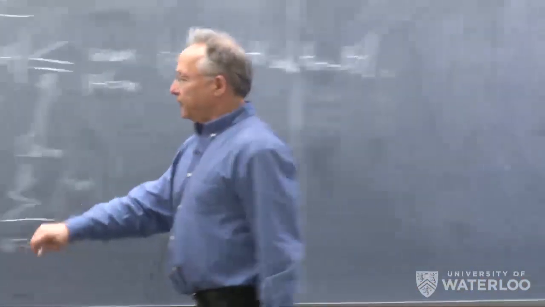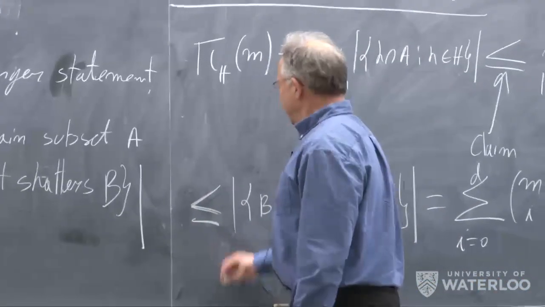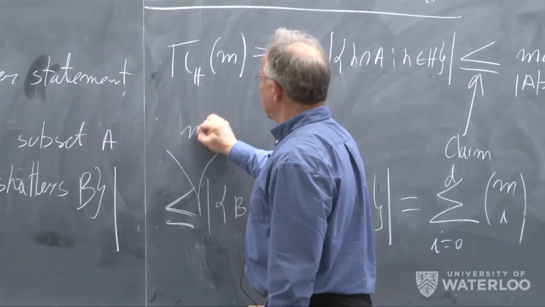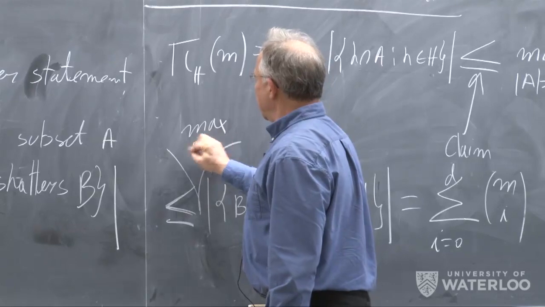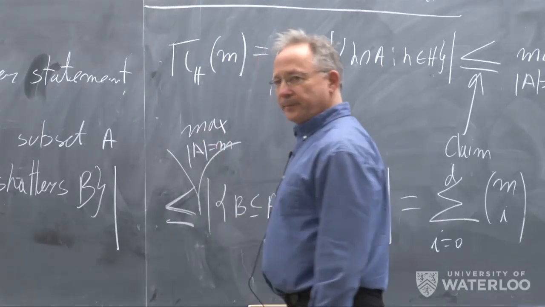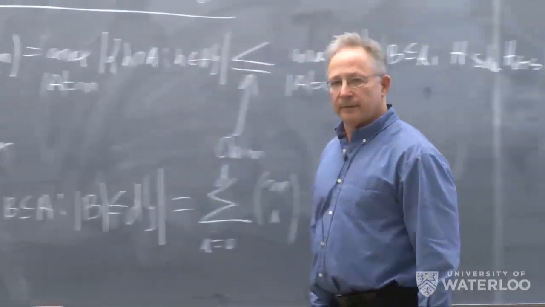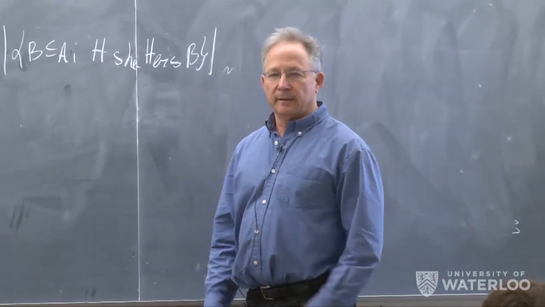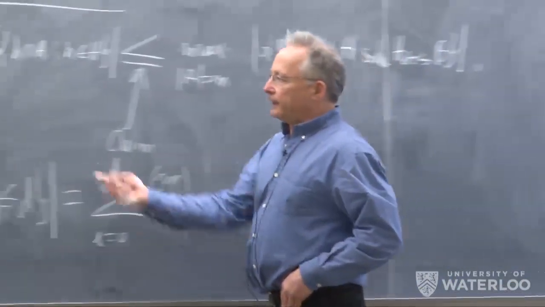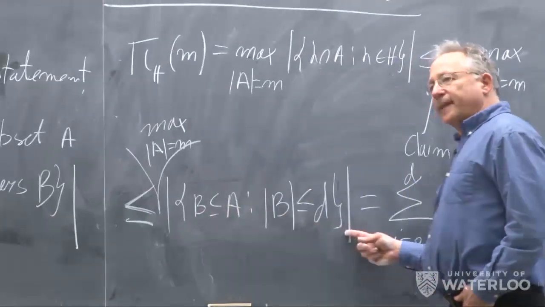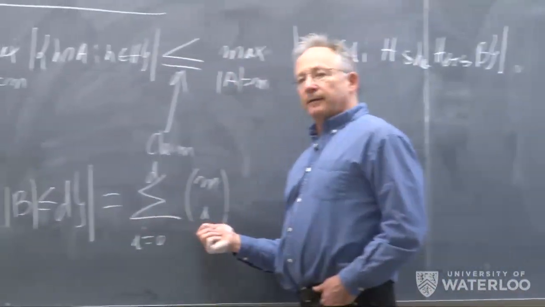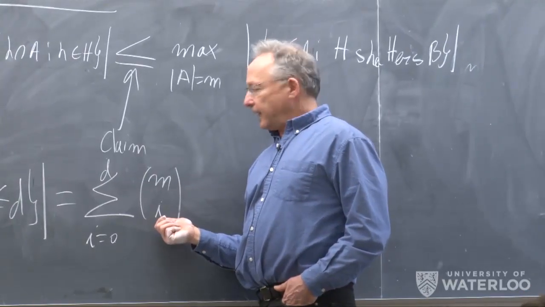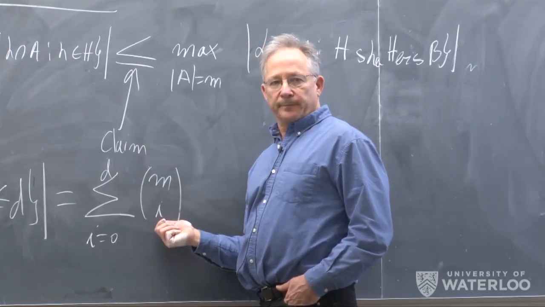You cannot read it because it's my fault. I forgot to put here that you're all the time taking the maximum over all A's of size m. But the maximum over all A's of size m of the number of subsets of A is exactly just the number of subsets of a set of size m whose size is at most d.